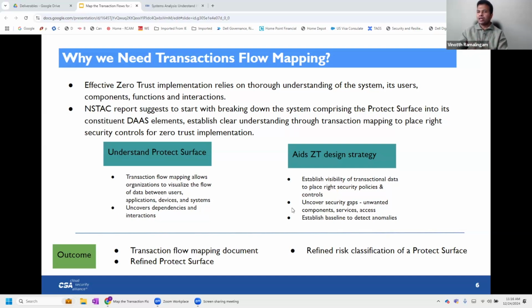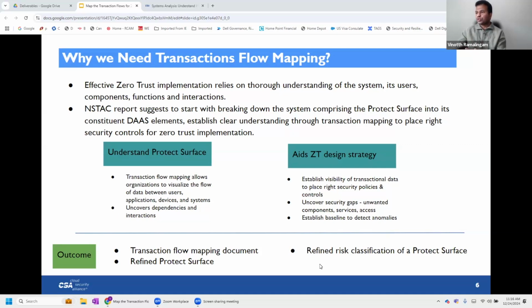And then as far as the output, we'd be getting the transaction flow mapping document, which helps you in many ways. You'd be able to redefine your risk classification: in the initial stage of identifying the protect surfaces, you defined a risk based on what you knew at that stage.